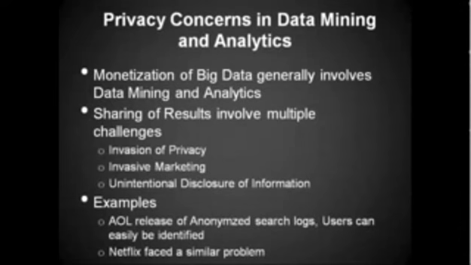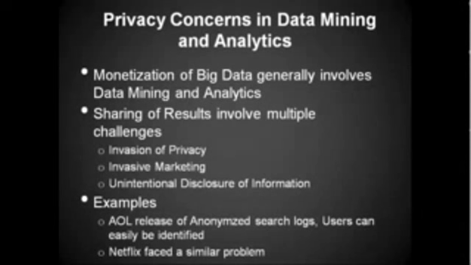The last concern, the top 5 concern in big data, is privacy concerns in data mining and analytics. Monetization of big data generally involves data mining and analytics, and sharing those analytical results involves multiple challenges. For example, invasion of privacy, invasive marketing, and unintentional disclosure of information.